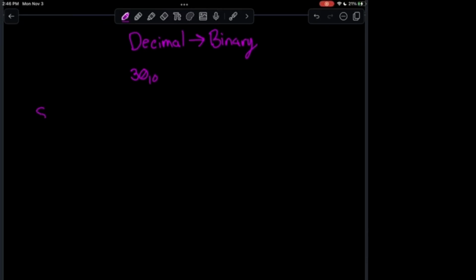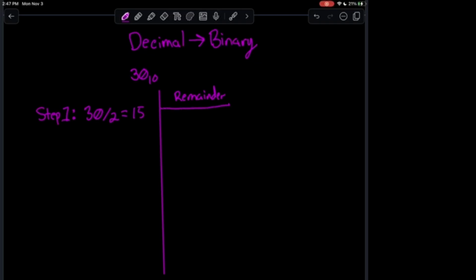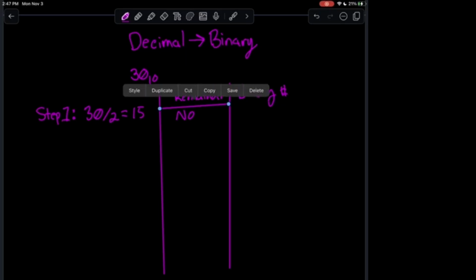So what's step 1? We're going to do 30 divided by 2, which equals 15. Is there a remainder? No, there's no remainder. So that means our binary number will be 0.